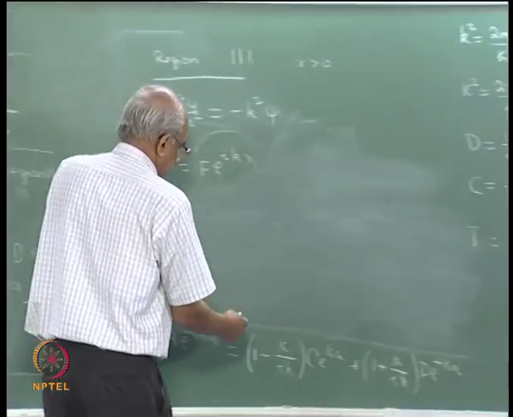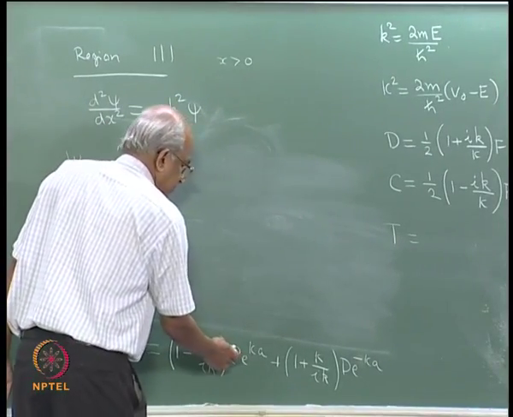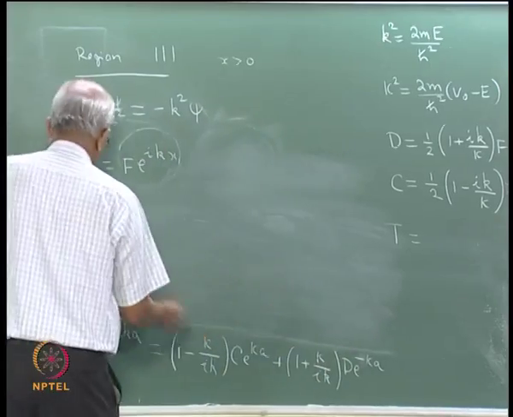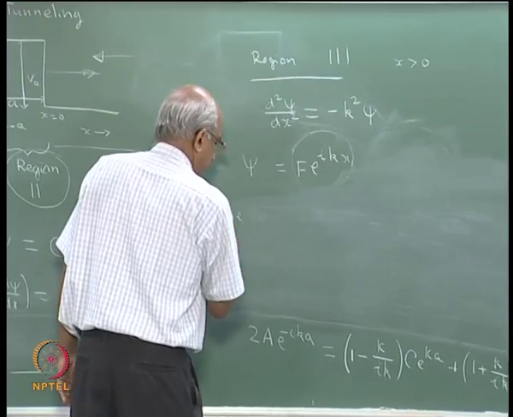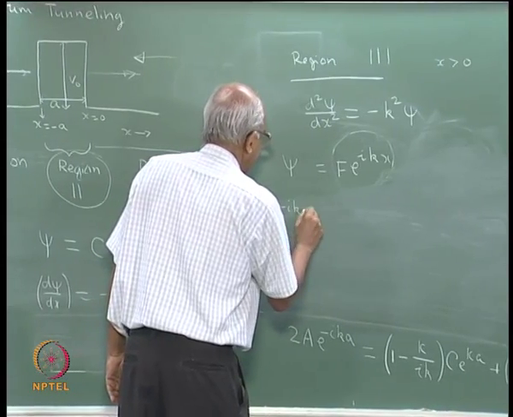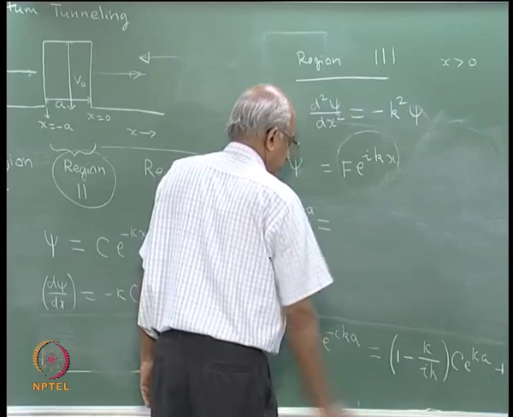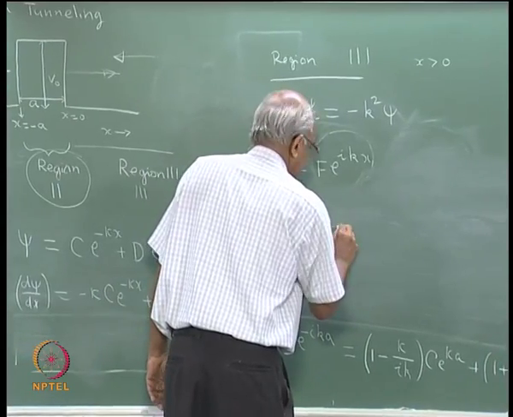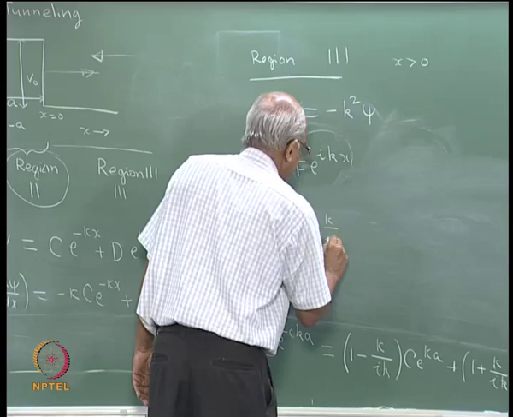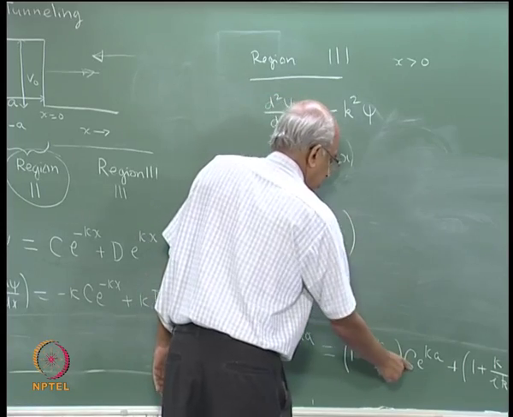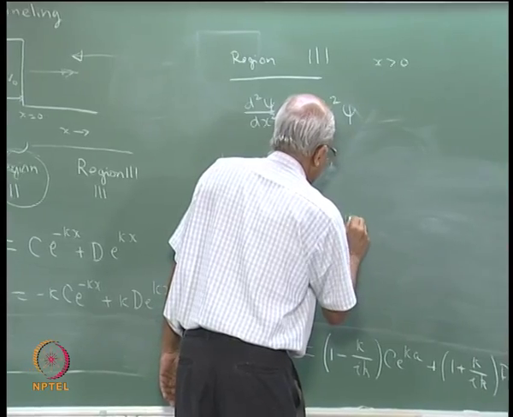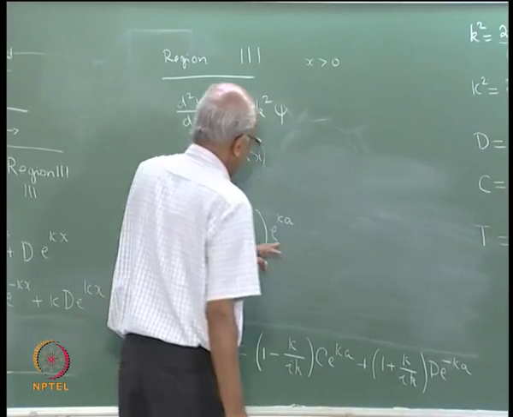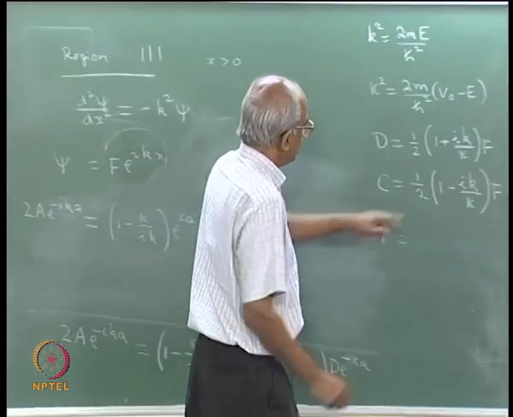So, into here I will substitute for C as well as D. Let me do that as an equation here. 2a e to the power of minus i k a is equal to 1 minus kappa divided by i k into C e to the power of kappa a. So, I will retain this e to the power of kappa a, but for C I will substitute from here.